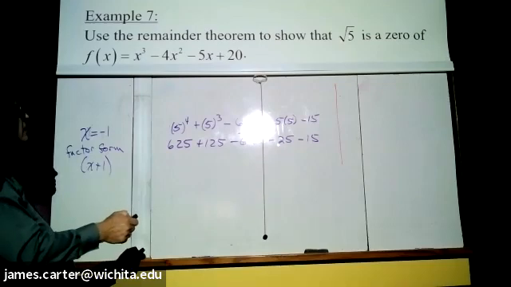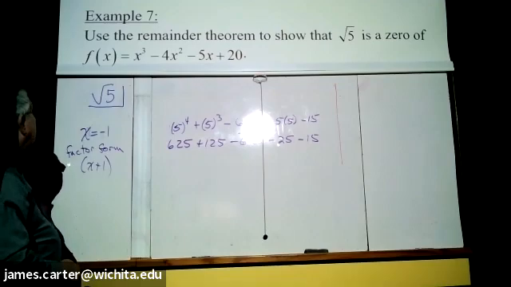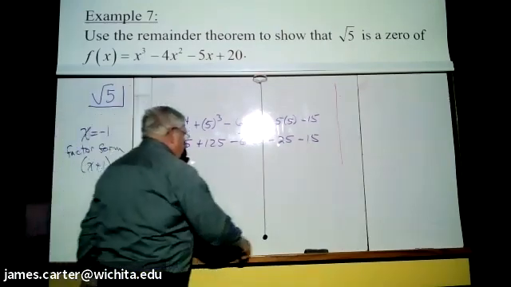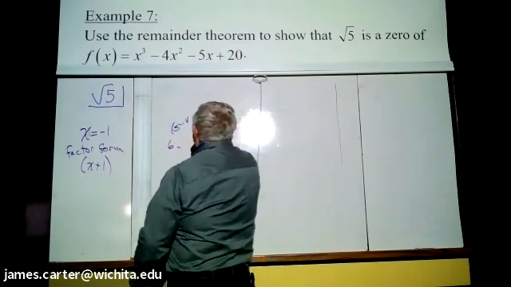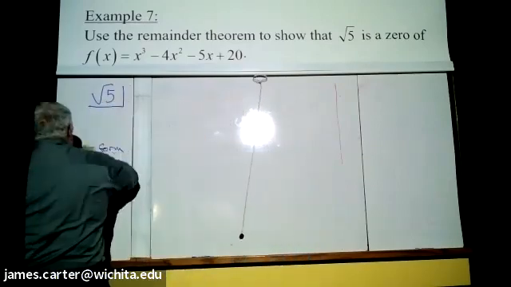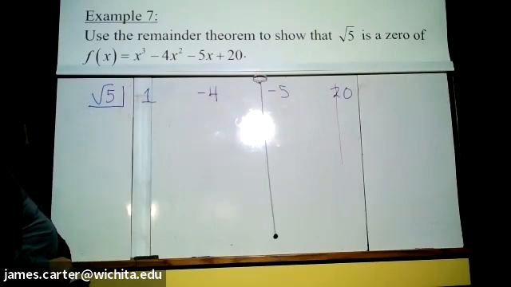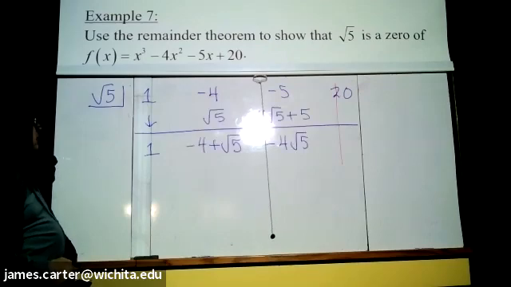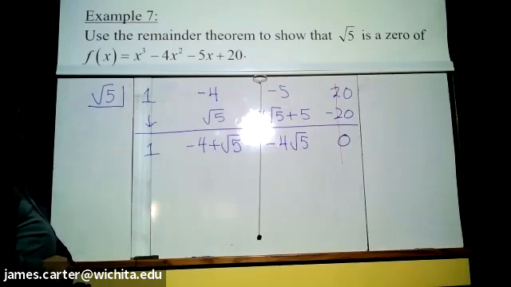They're saying that square root of 5 is a 0 of this. So they're putting square root of 5 in here. They're changing this to synthetic. And you can see that it goes into it.